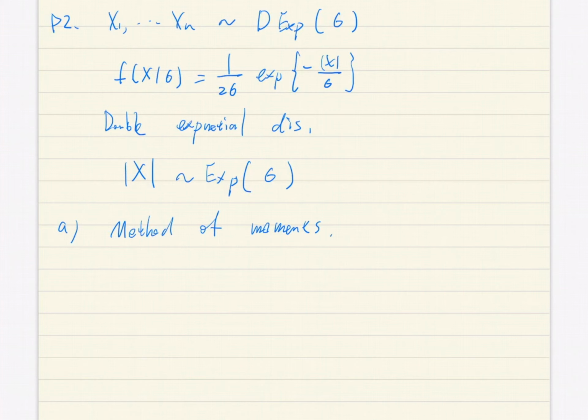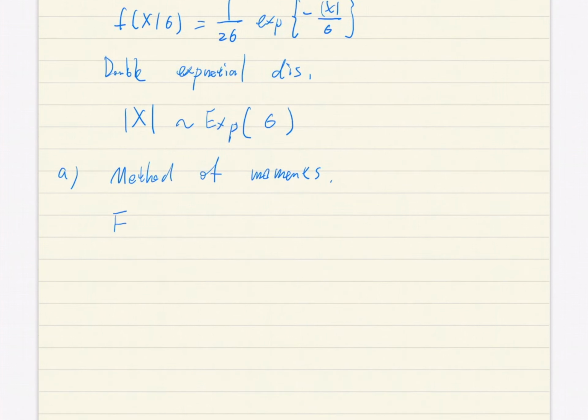Okay. This one is a little bit tricky because you can see the first moment is equal to 0. That is because the density is symmetric about 0.